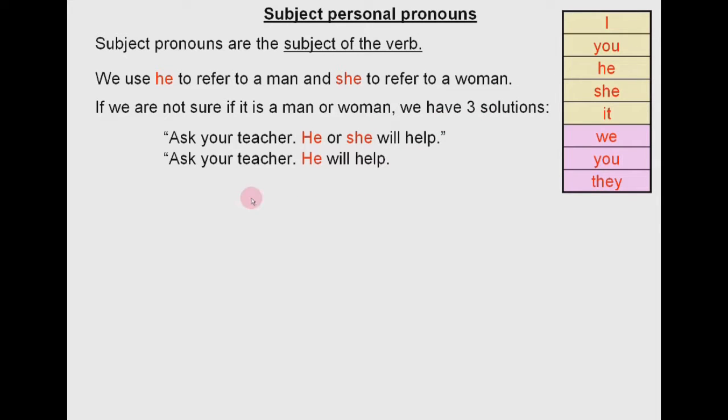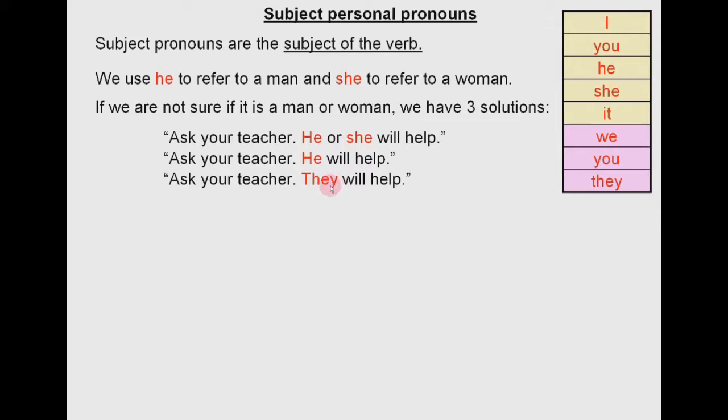Second solution, we can pretend that it is a man. Okay, so we choose one or the other, and we choose the male. Ask your teacher, he will help. Or, third solution, we say, ask your teacher, they will help. Okay, so in fact, to keep it neutral, we use the third person plural, so they.